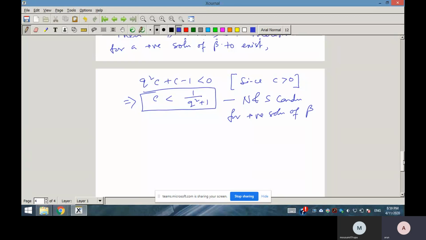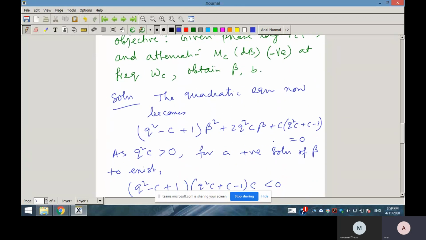Now if you see your main quadratic equation, this is your 1.